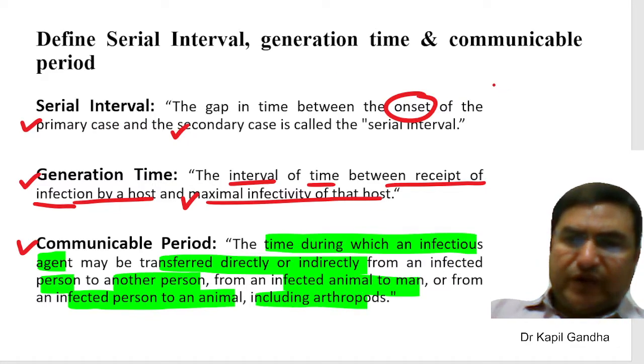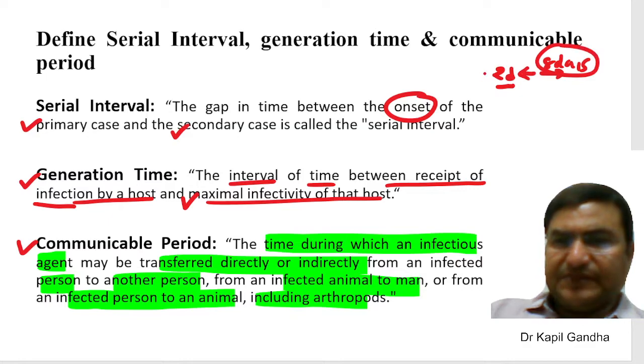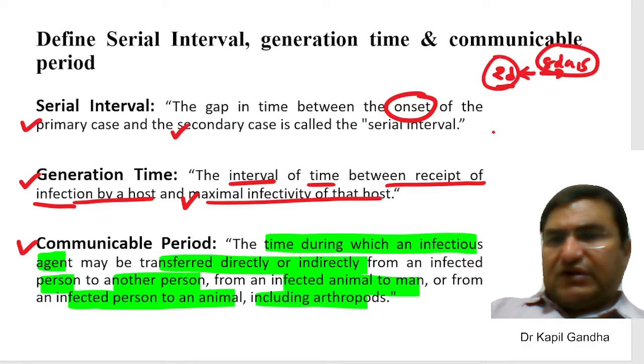For example, in COVID-19, the communicable period is 2 days prior to the appearance of the first sign or symptom to the first week, or we can say 8 days after the appearance of signs and symptoms. So, by knowing a particular disease's communicable period, we can have an idea regarding the infectiousness of a person.